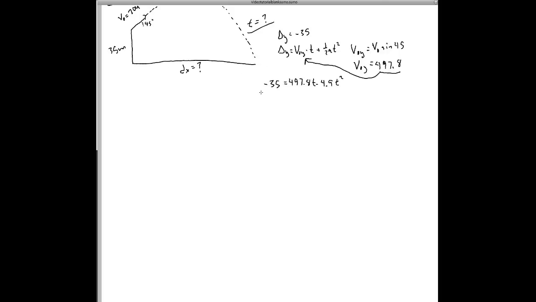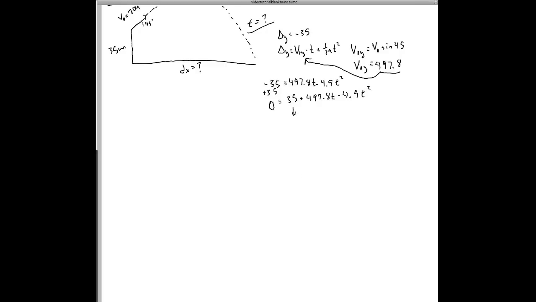So what you got to do is add 35 to both sides. You can't add it to this side because this has a t. So this becomes 0 equals 35 plus 497.8 t minus 4.9 t squared. Boom, you got a quadratic equation.